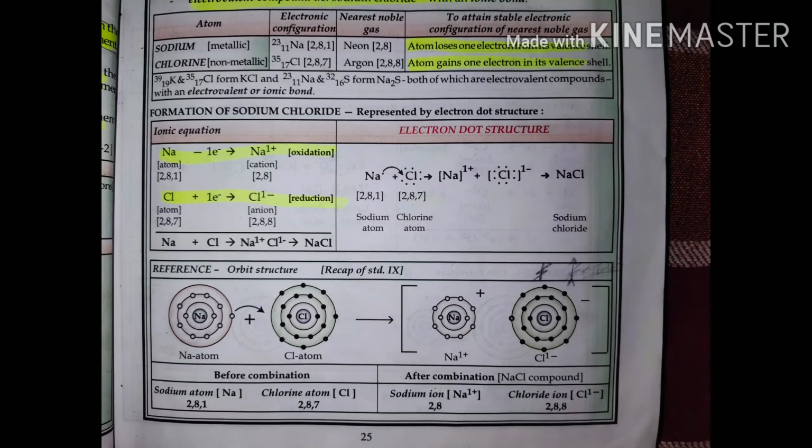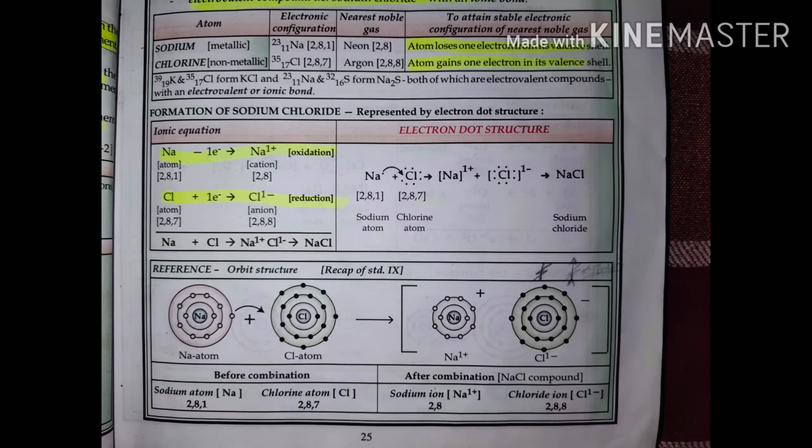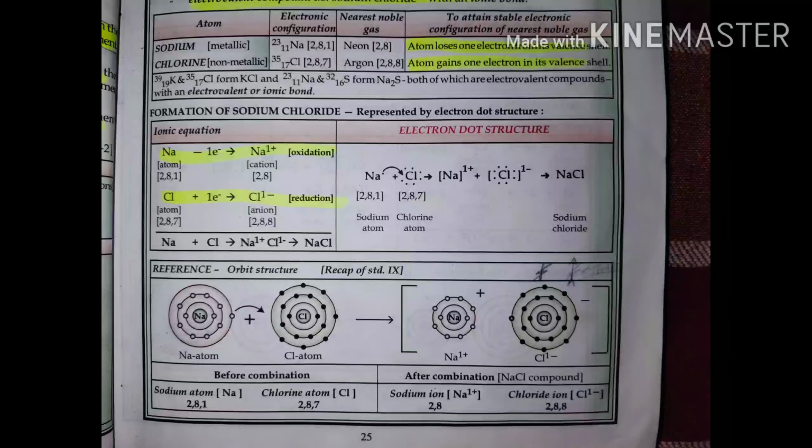You can easily see that Na+ does not have any electron around it, because the one electron which was present in its outermost shell is now donated. Chlorine gets converted into Cl-, and you can see that there are 8 electrons around chlorine, 7 of its own and 1 which is accepted from the sodium, and then these ions come together to form NaCl.